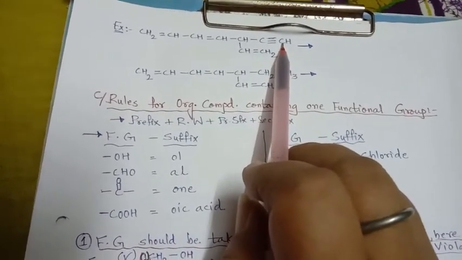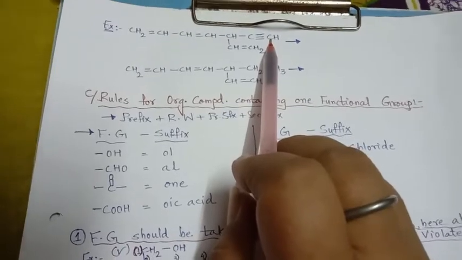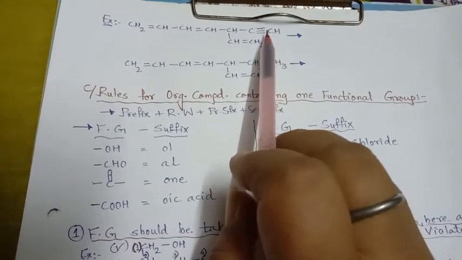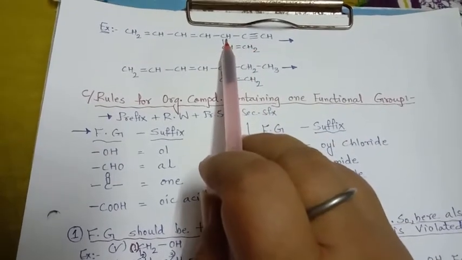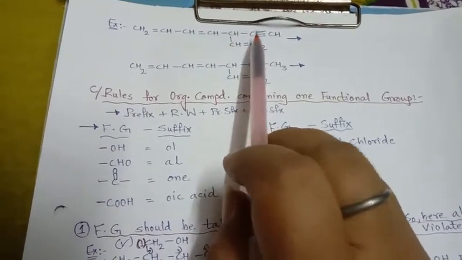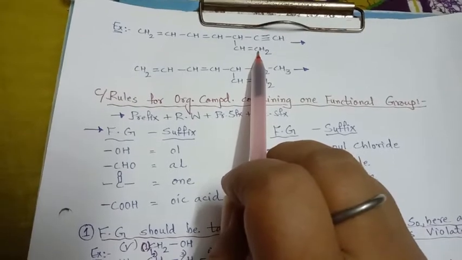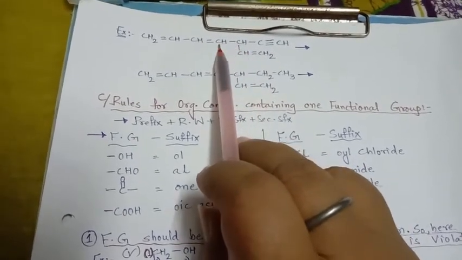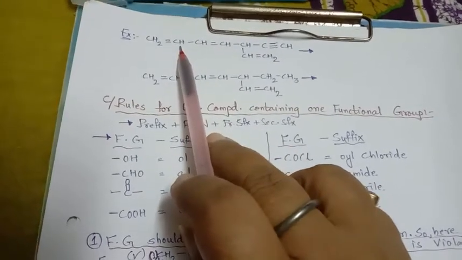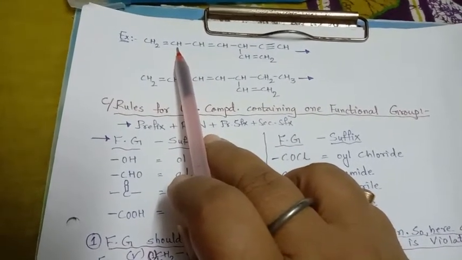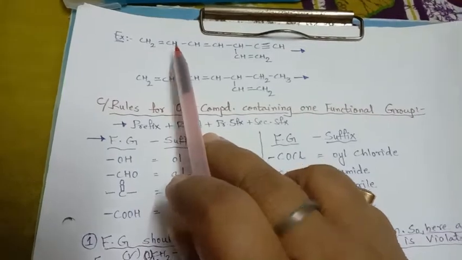So it is ethane, but it is not ethane. Here it is a triple bond. So 3-ethyne, then 1, 4, 6 triheptene, right?